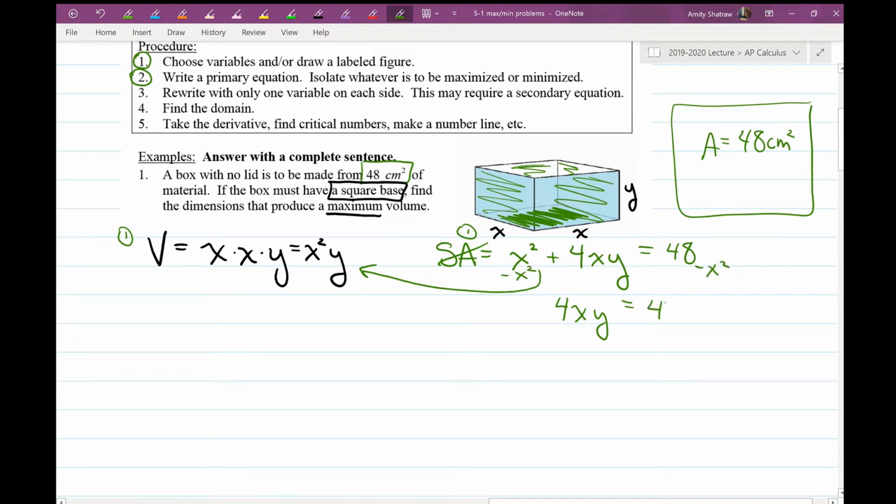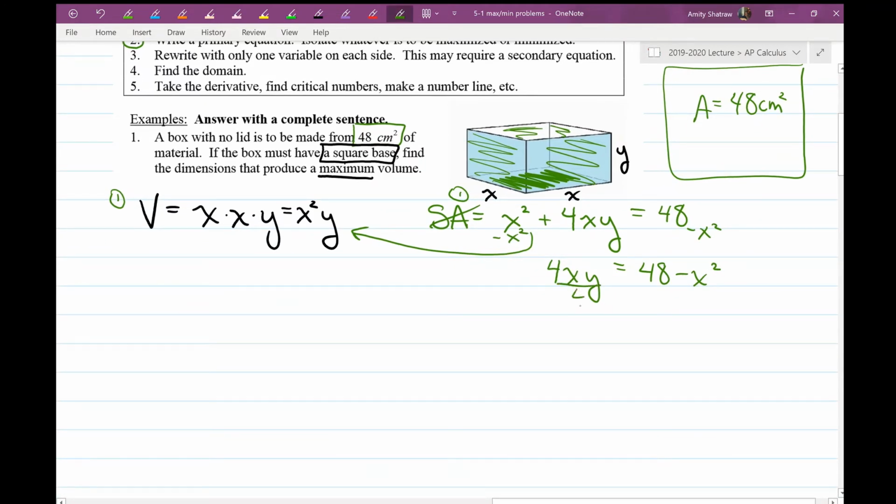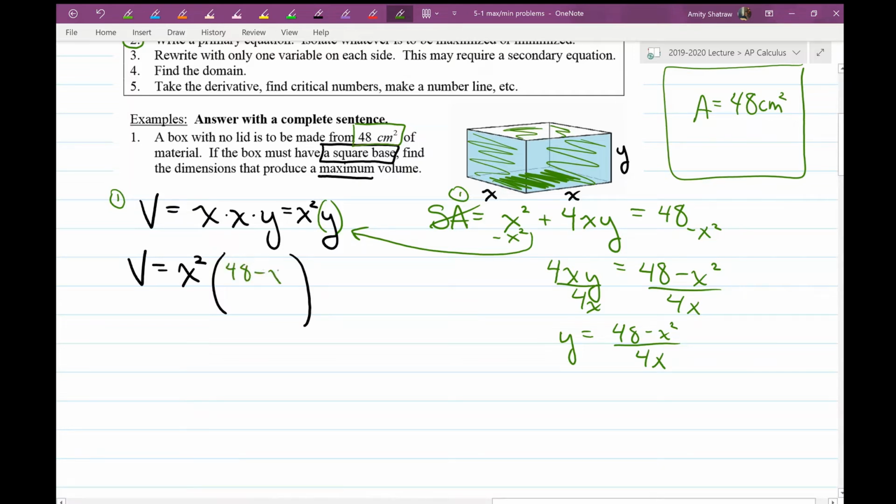Then I divide by 4x, and y equals 48 minus x squared over 4x. I'm going to plug that in right here. So the volume is equal to x squared times y, which is x squared times 48 minus x squared over 4x.